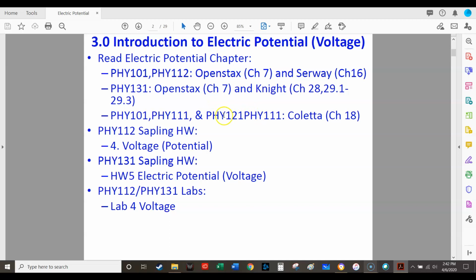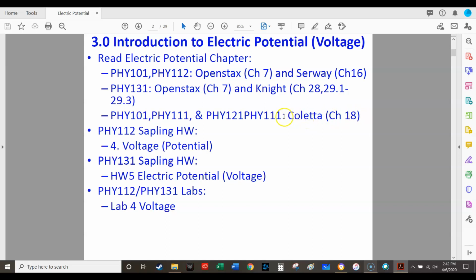If you are in Physics 131, you could also read chapter 7 in the Open University Physics OpenStax. If you have the Knight textbook, chapter 28 is what we're going to be going through today. If you're in 112, do the College Physics OpenStax chapter 7. But basically, everybody has access to this Coletta chapter 18.